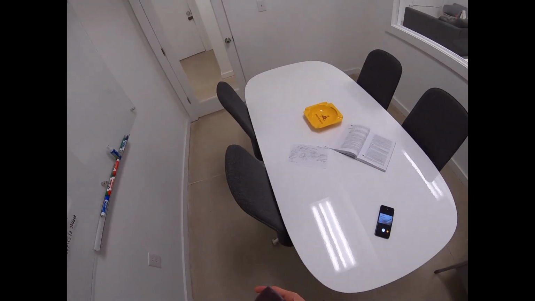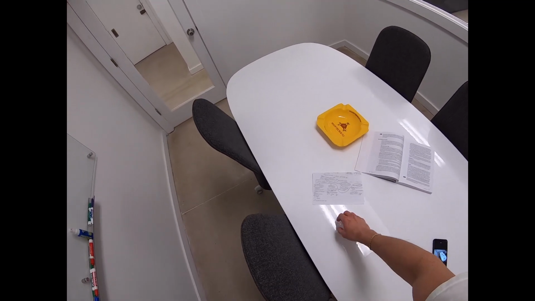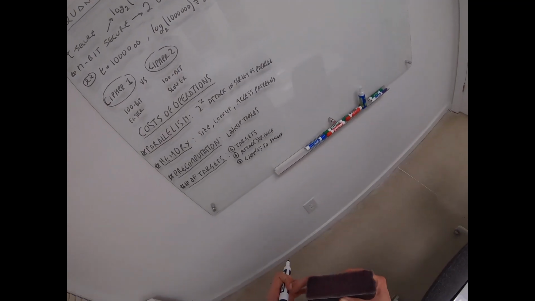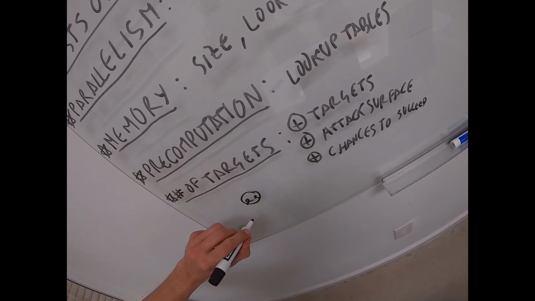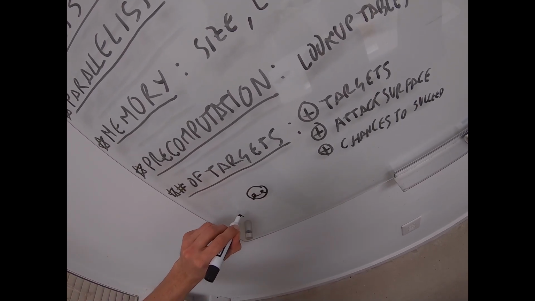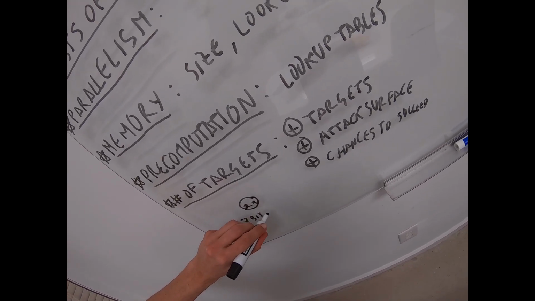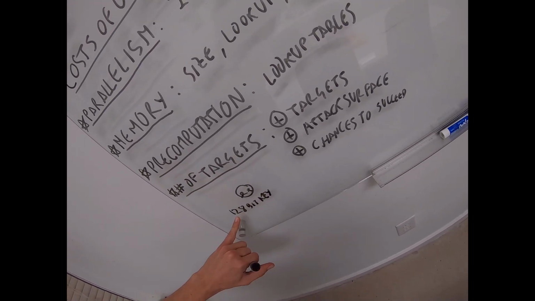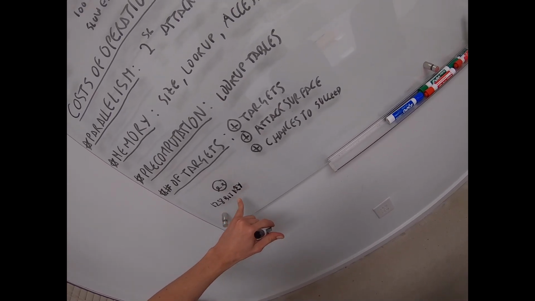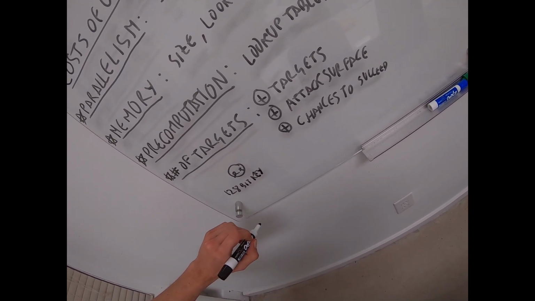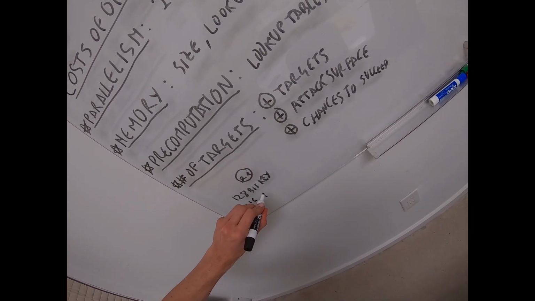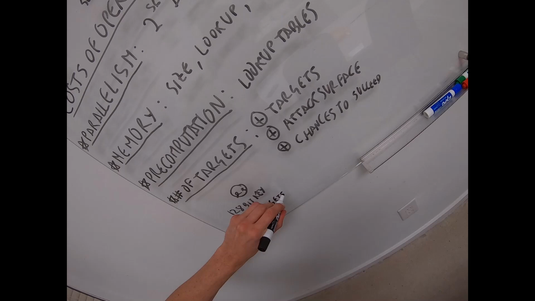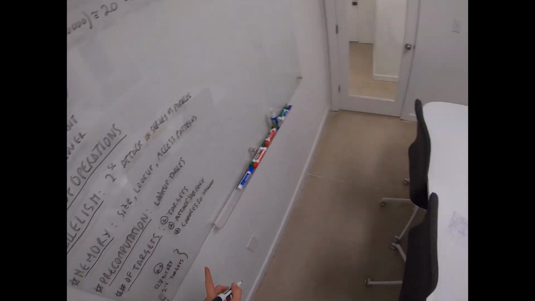Now, why? Let's say we have a 128-bit key, as an example. We have to find at least one key out of, let's see how many targets you get, 2 to the 16 targets.